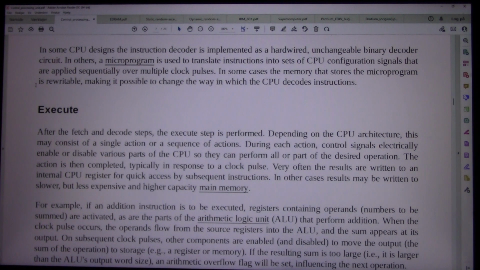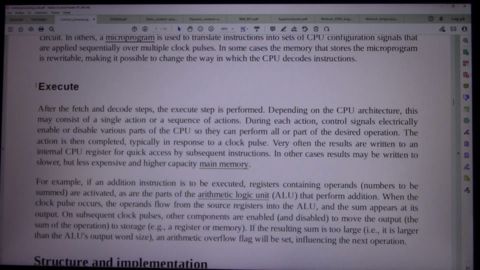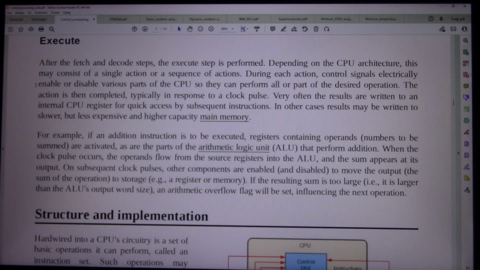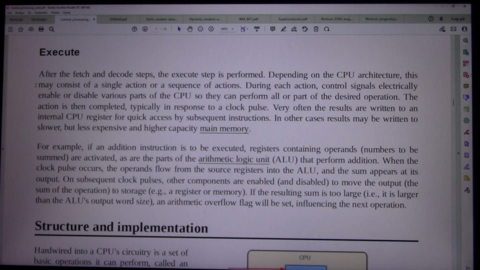The action is then completed, typically in response to a clock pulse. Very often the results are written to an internal CPU register for quick access by subsequent instructions. In other cases, results may be written to slower, but less expensive and higher capacity main memory.